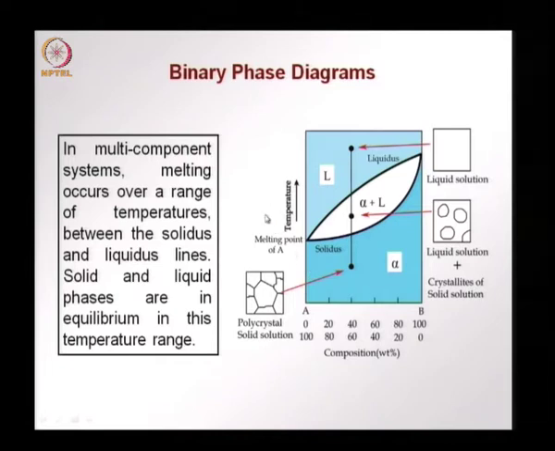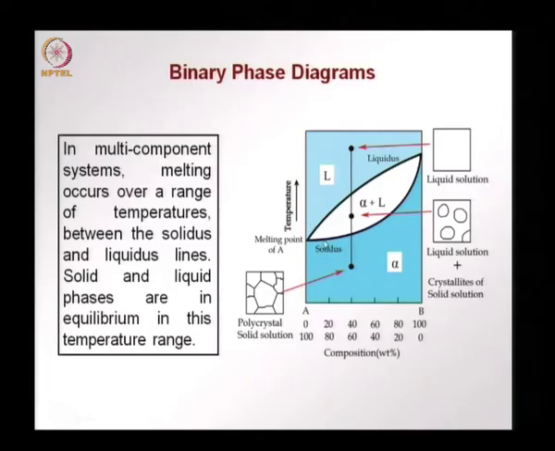Also, we find that in multi-component systems, the melting of the material occurs over a range of temperatures. It is not at a fixed melting point, but the melting occurs over a range of temperatures.